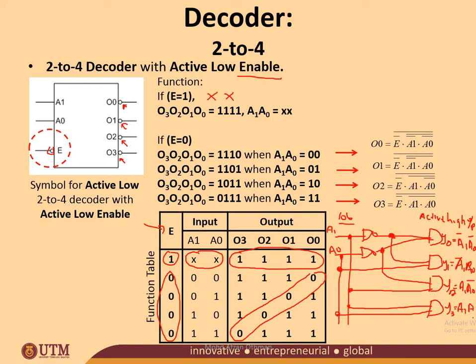So this is the example of the logic circuit for a 2 to 4 decoder with active high output.